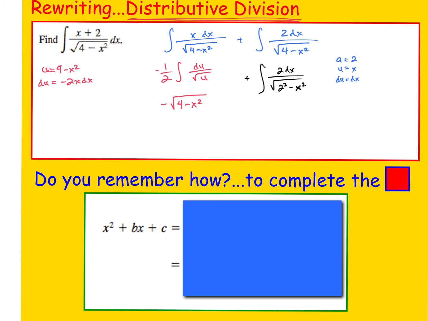All right. So now I have plus 2, because that's a 2 out front. Does arcsine have anything out front? Does it have a 1 over a? No. So then I have just 2 arcsine of x over 2, and then plus c. All right. So my answer would be that right there. Pretty nifty.